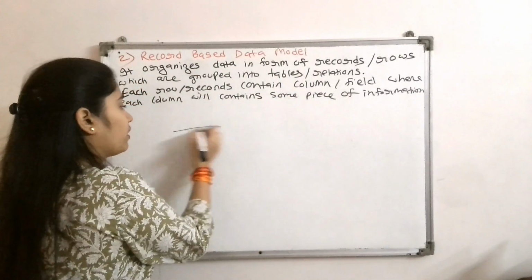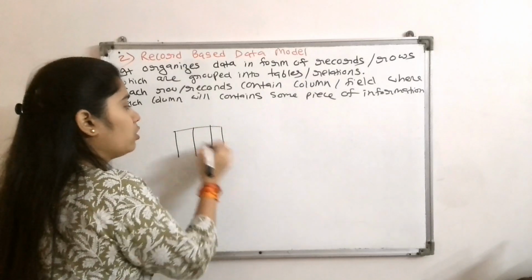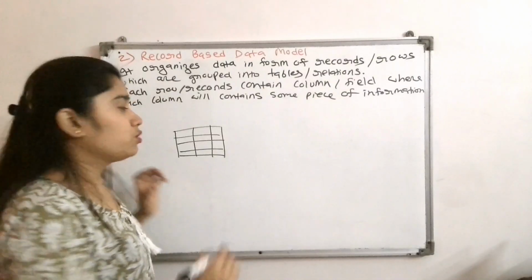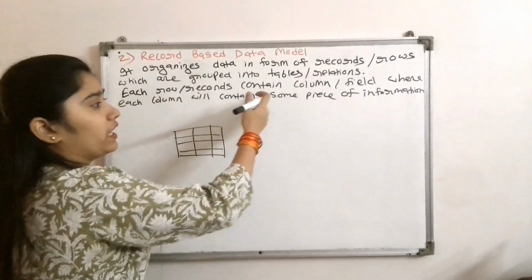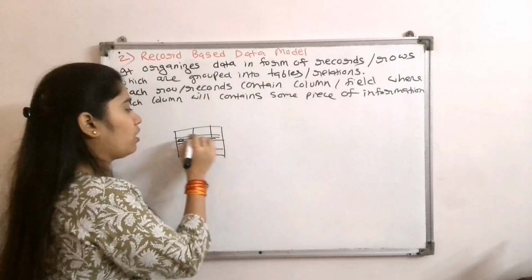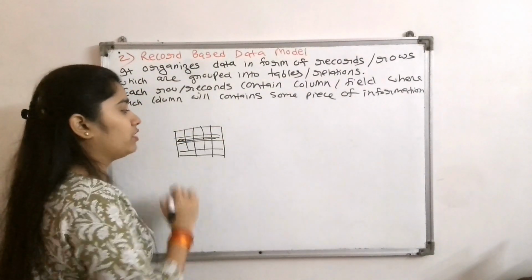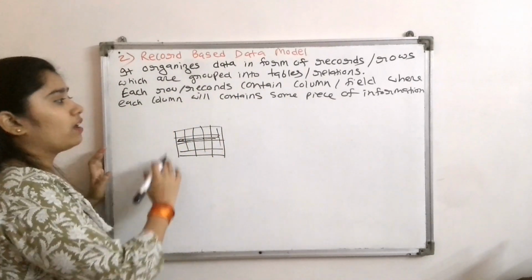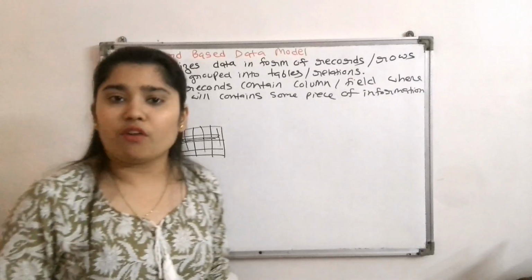Like if we are making a table, these are the columns and these are the rows. Each column will contain some piece of information.